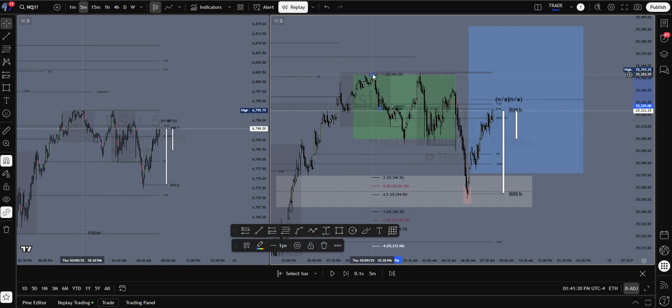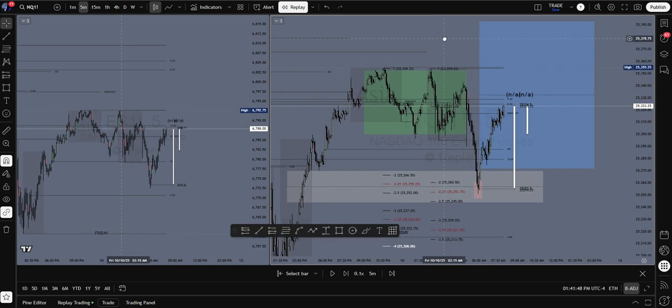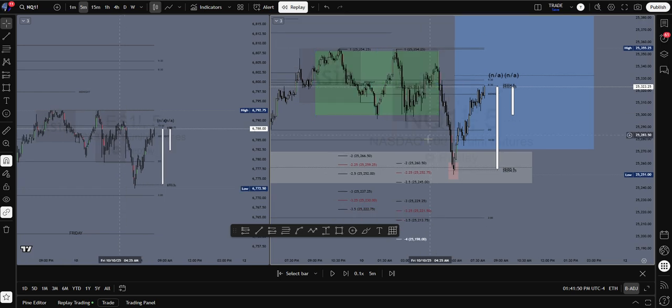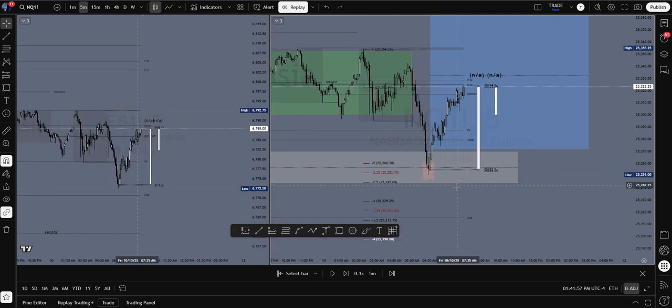Again, wicks or bodies. It's shown in the same price range of this entire fair value gap right here. And it lines in CE area range.